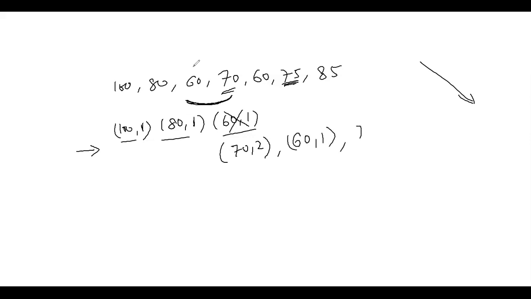Okay. Then 75 comes. Now what will happen? This guy will go out. This guy will go out. Right? So now your stack will start looking like these all went away. So now you have 75 and 4. What that represents is that towards my left, there are 4 values which are equal or smaller than me, 75.